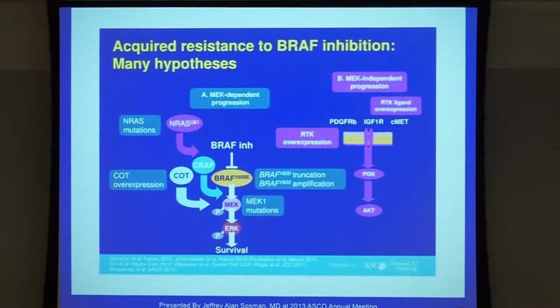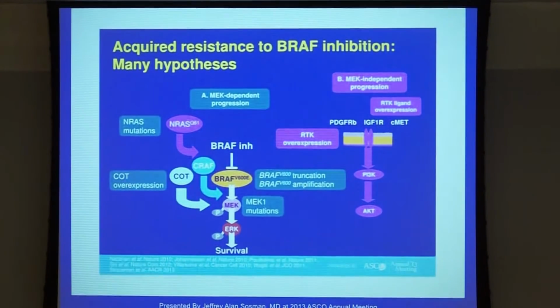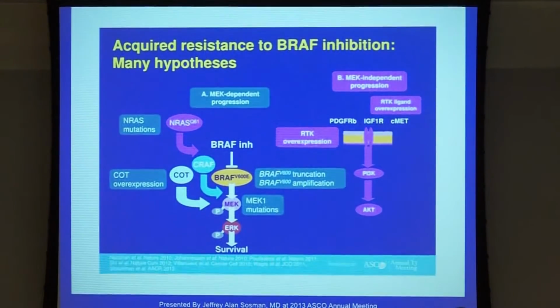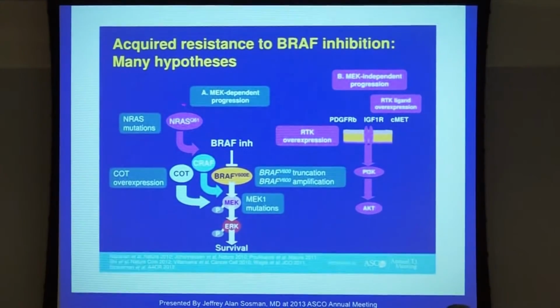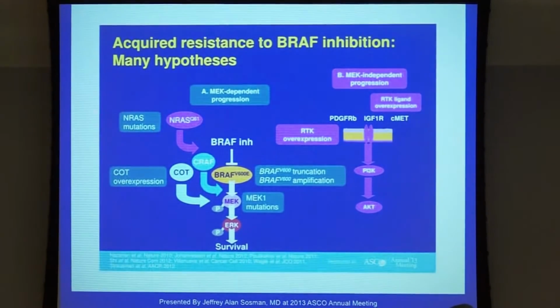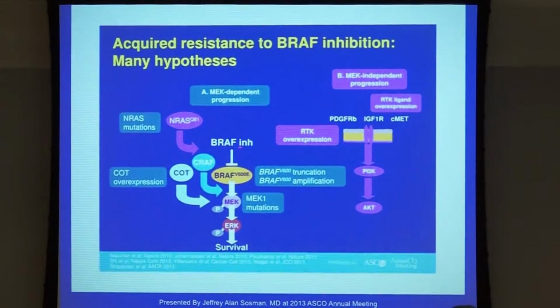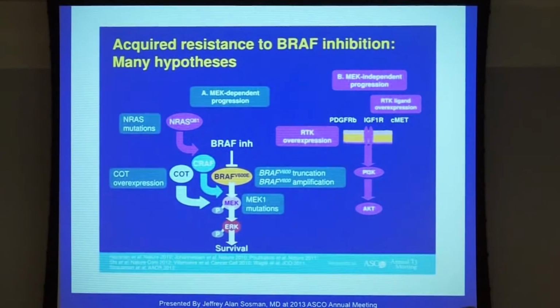So let's talk a bit about what might be going on after 6 months on a BRAF inhibitor to cause resistance. Now this is a big subject of ongoing research, but basically you might be getting a new mutation, or a mutation may be coming out in NRAS that then could go through something called CRAF.